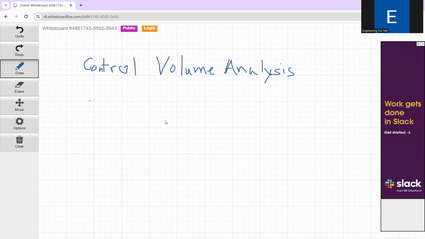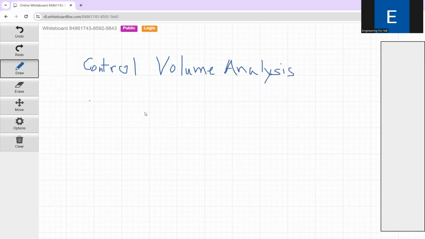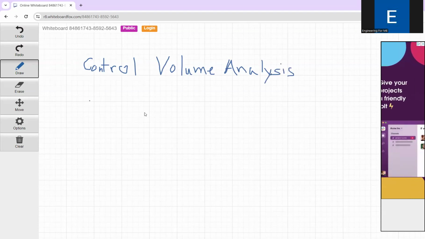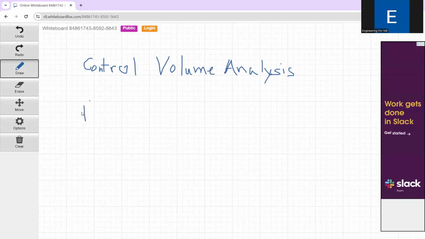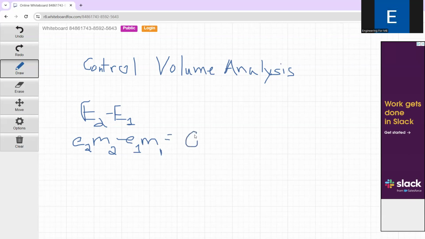So the major formula that you're going to want to know is the energy, energy two minus energy one, is equivalent to P two, N two, minus, equal to heat transfer.